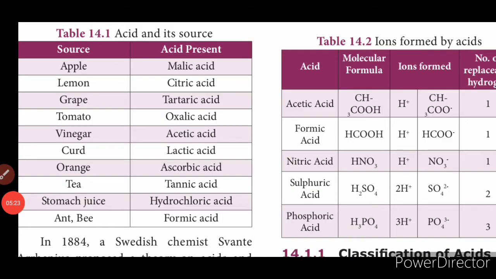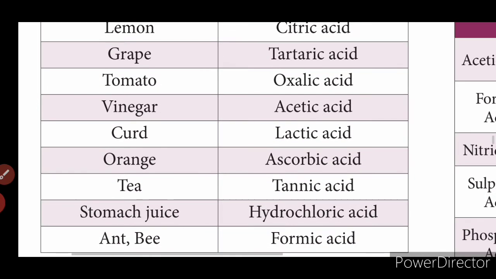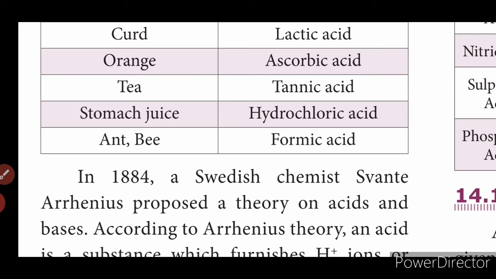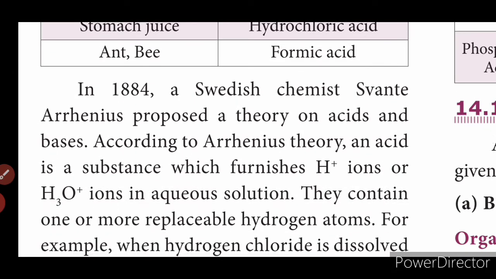It is given in the tabular column 14.1 on page number 163: acid and its source. Apple has malic acid, lemon has citric acid, curd has lactic acid, orange has ascorbic acid, tea has tannic acid, stomach juice has hydrochloric acid, and ant and bee contain formic acid.